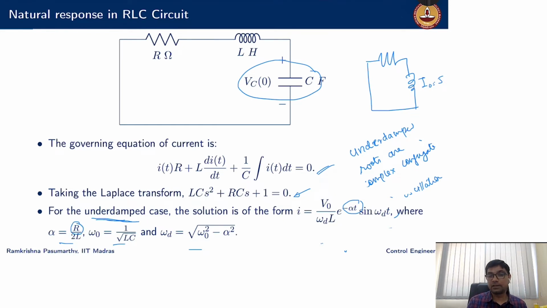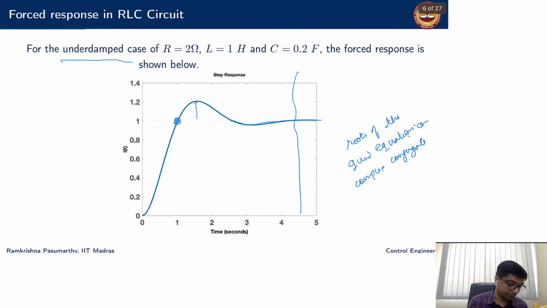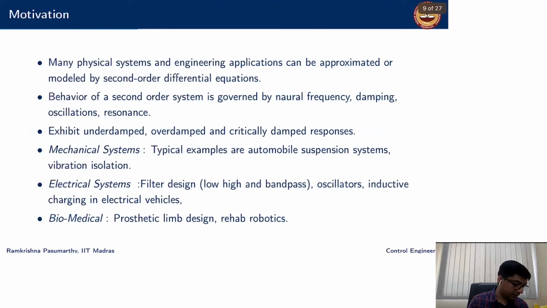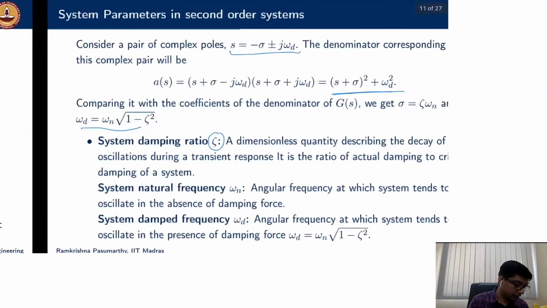If R is 0, alpha is 0, and I will just have sine omega t, just sustained oscillations, and omega d will also become omega naught. So alpha captures how the system decays, and physically it would mean dissipation or resistance or damping in the system. Okay, so that is where we are now.